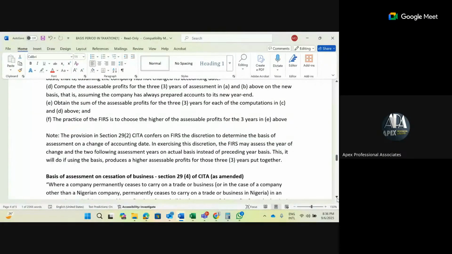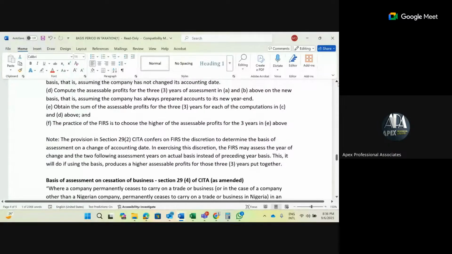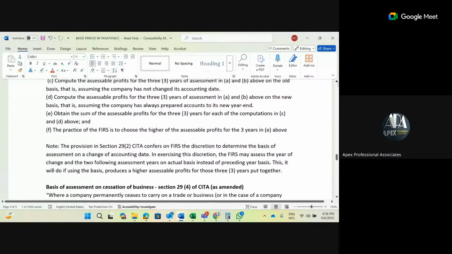But if the one on actual year basis is lower compared to the higher one between the old accounting date and new accounting date, you are going to be selecting the highest out of the 3.